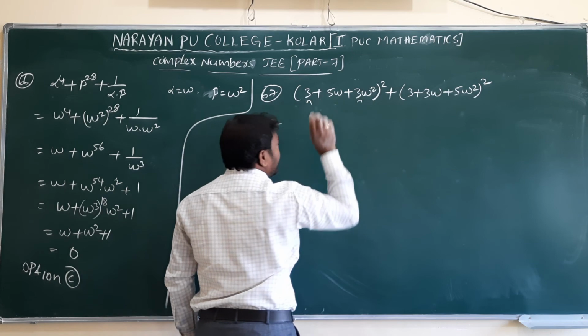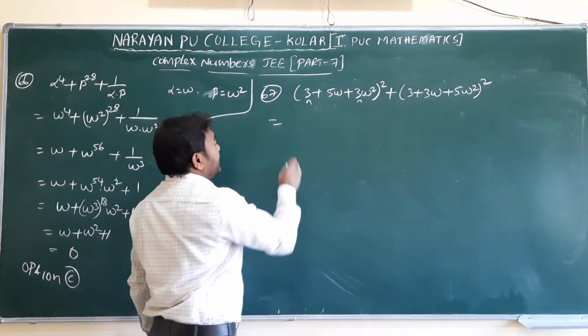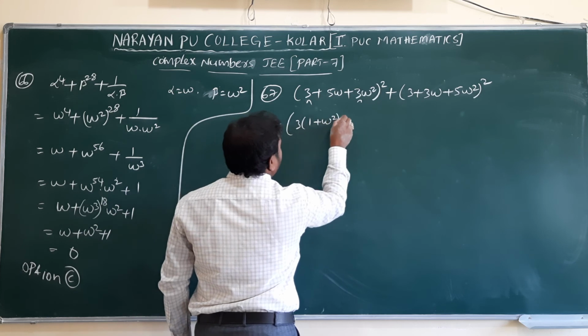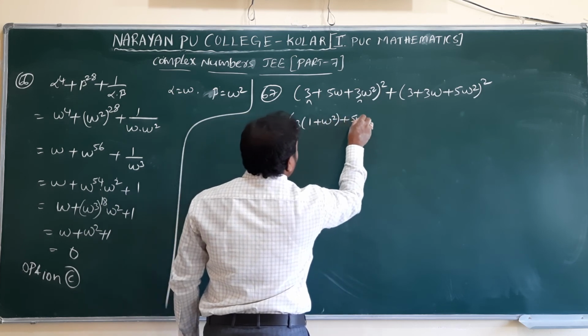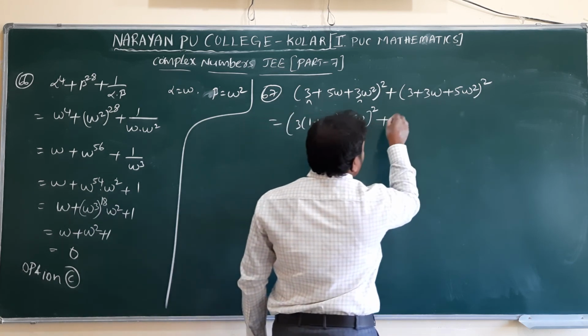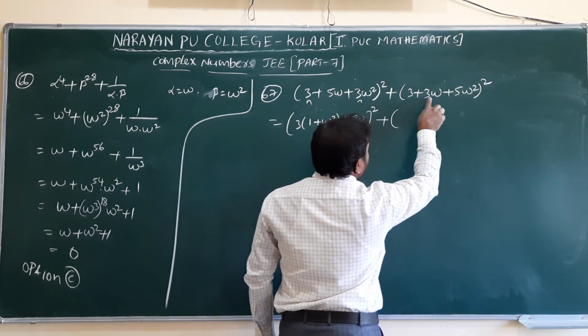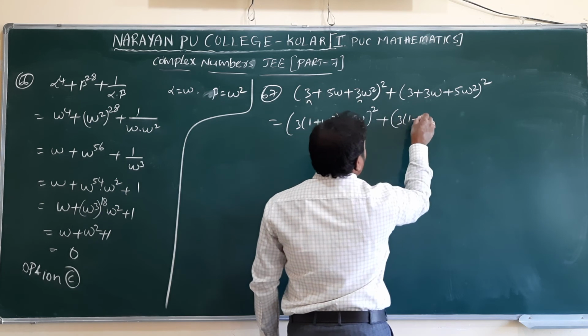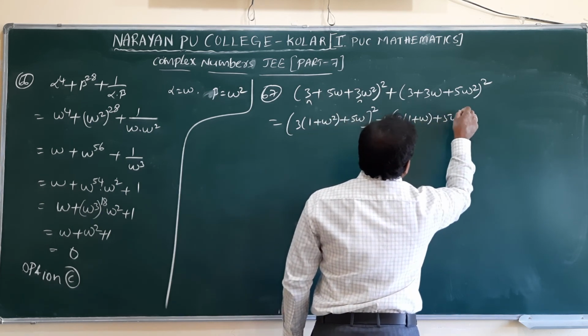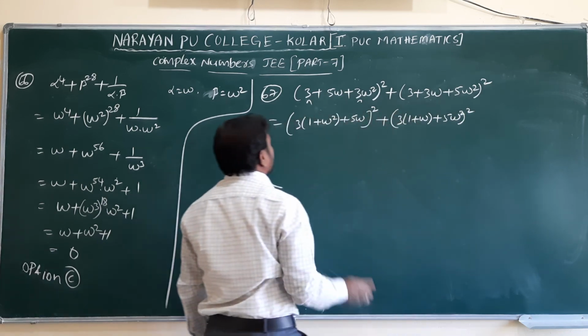Here we have to take common 3 only, so what remains is (3(1 + omega²) + 5omega)² plus, here also we take common 3, (3(1 + omega) + 5omega²)².